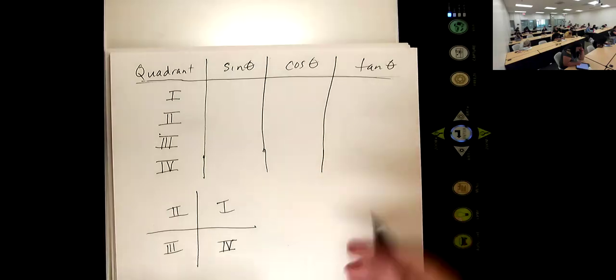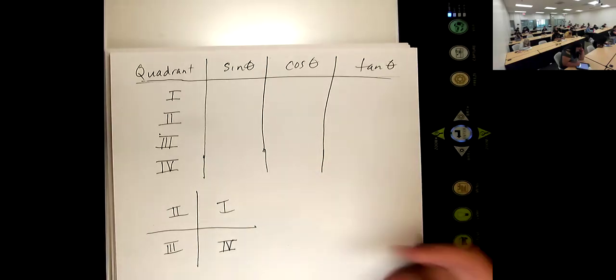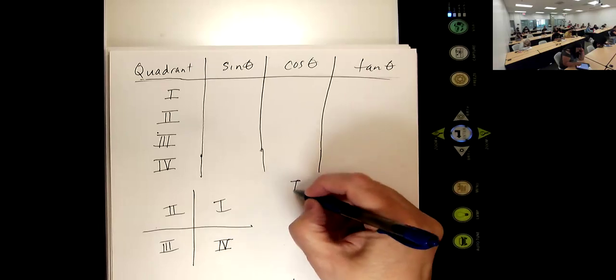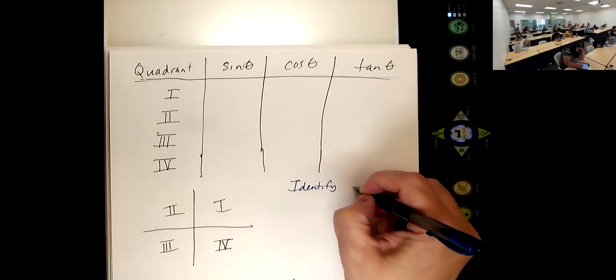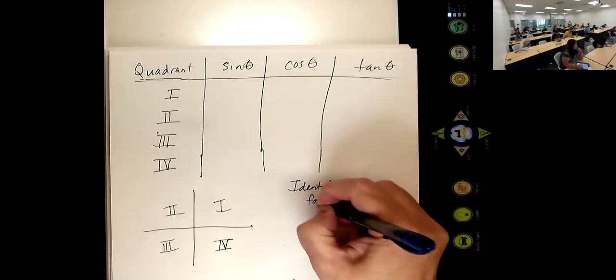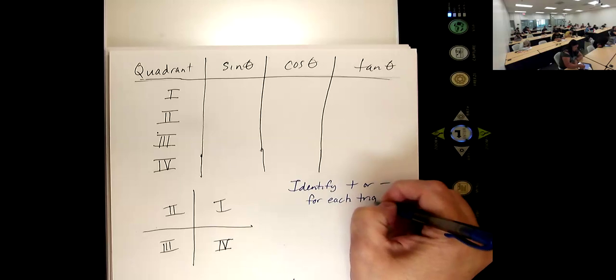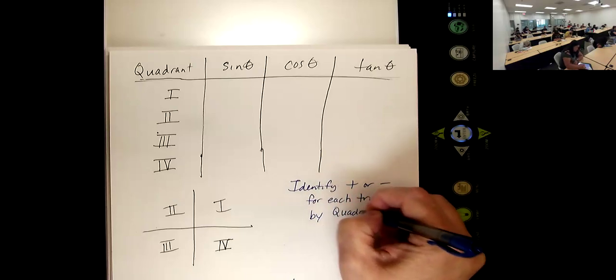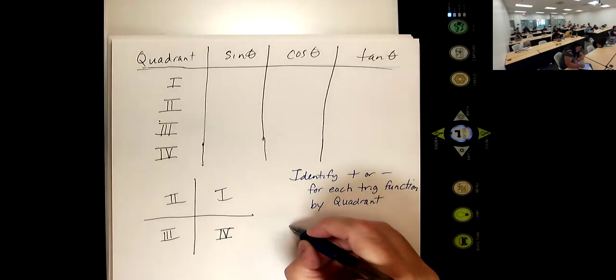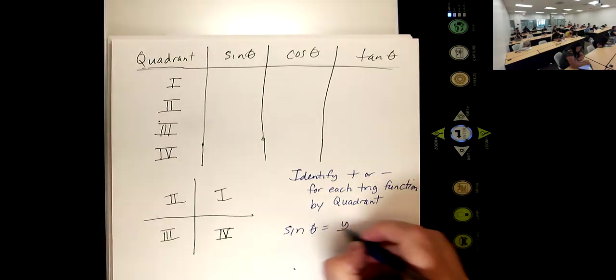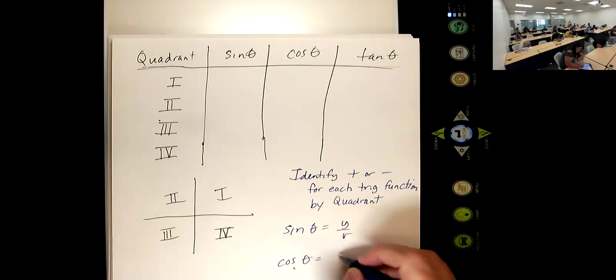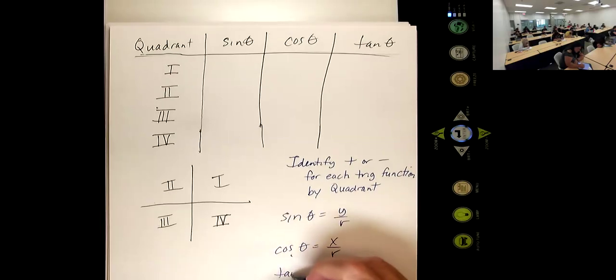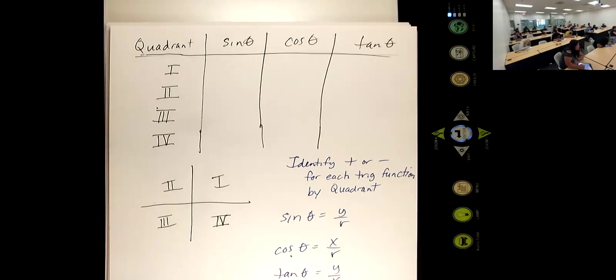Before we start filling this out, just think about what's going on here. What we want to do is identify the signs for each, positive or negative for each trig function by quadrant. So y could be positive or negative depending on where it is.